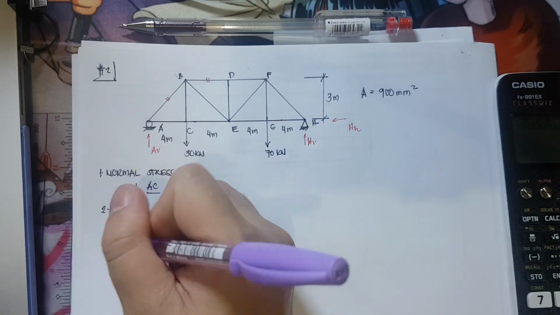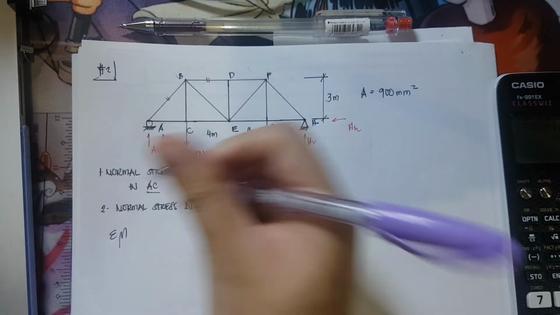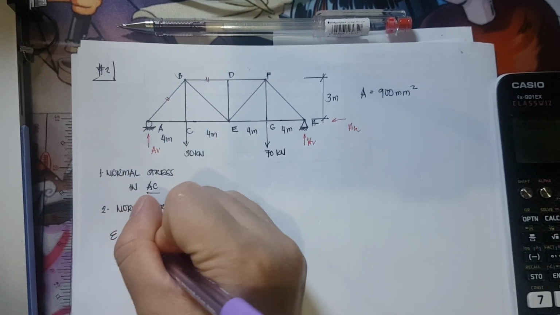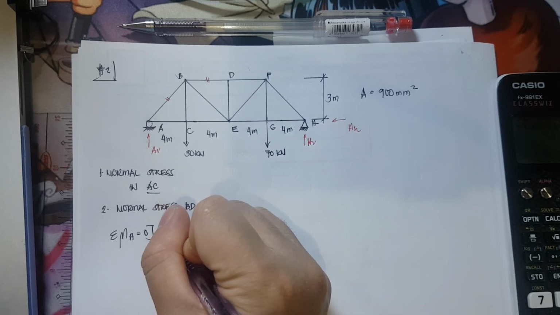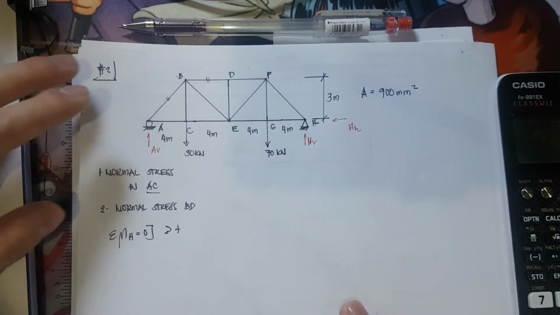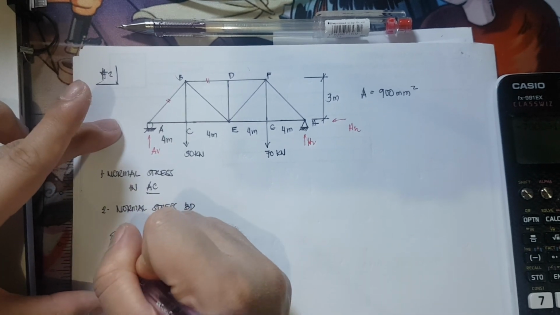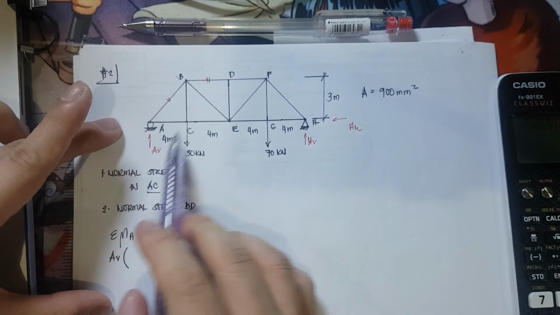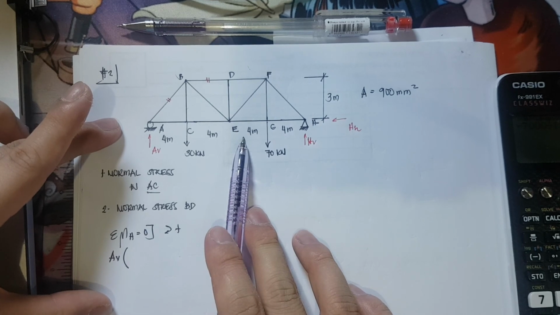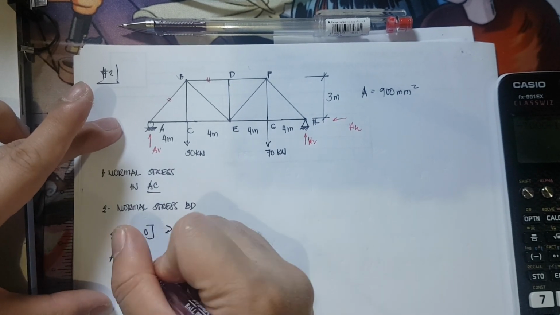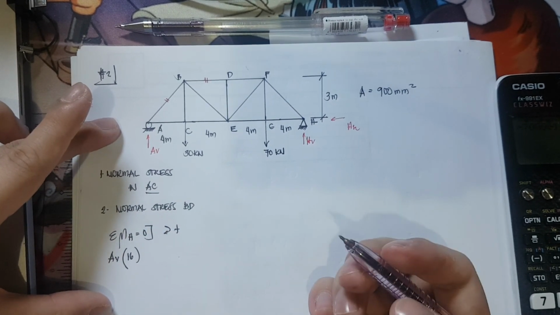Summation of moment with respect to H is equivalent to 0. All forces rotating clockwise should be positive. So I have A vertical rotating clockwise, that is positive, times a lever arm of 16.